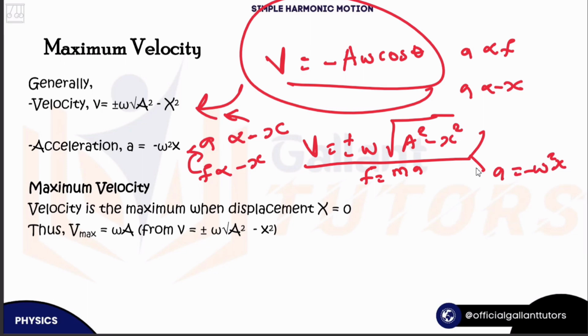Alright, so maximum velocity. What does maximum velocity mean? Maximum velocity is reached when the displacement is equal to 0.